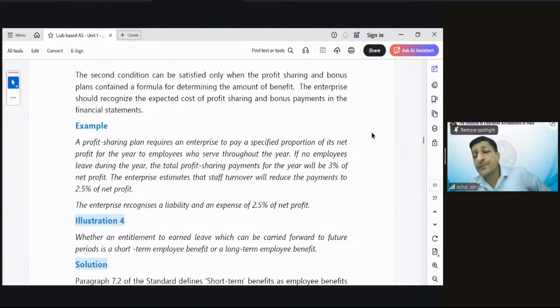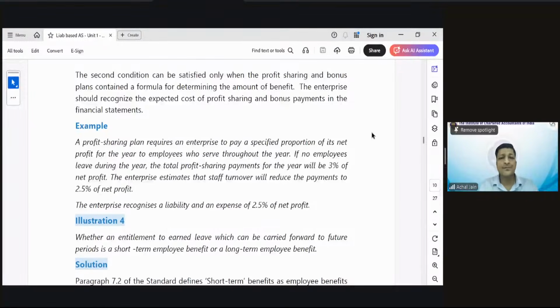In this case, what should the entity do? The entity will have to record this. But the question arises, should the entity record this expense for 3% or 2.5%? For the employees who are not going to serve the company, will this amount be payable to them?